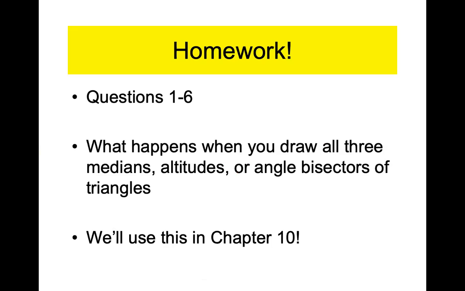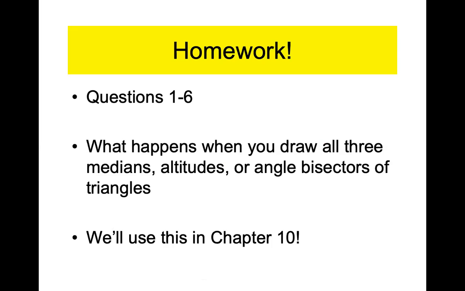So if we look at 1 through 6, it's asking you to draw triangles, right? It will take you some time. It's going to say to draw the 3 things. And it's going to ask you something. It's going to say, what do you notice?